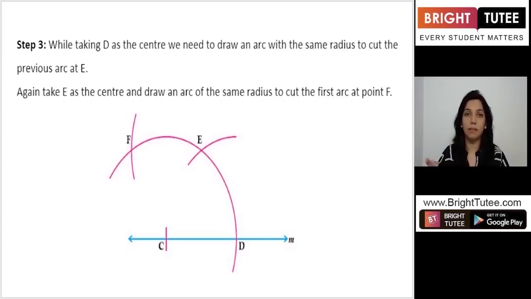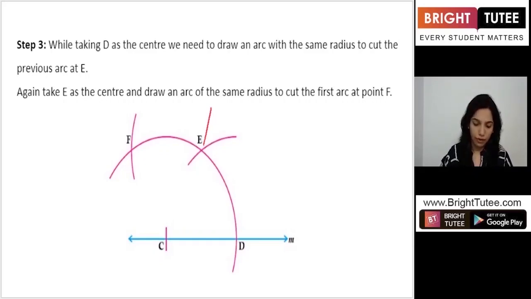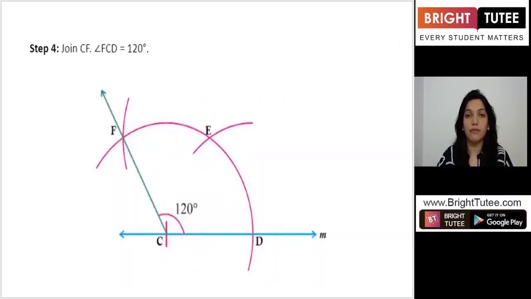Now do the same step again. This time take E as the center. Put the pointer at point E and draw an arc with the same radius that cuts the first arc. Let it meet at point F. Now join F to the point C. The angle that you have got is 120 degrees. So let's recollect the steps.